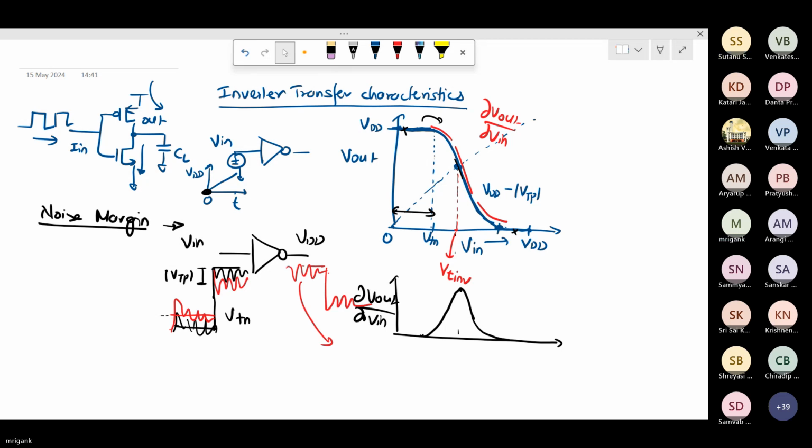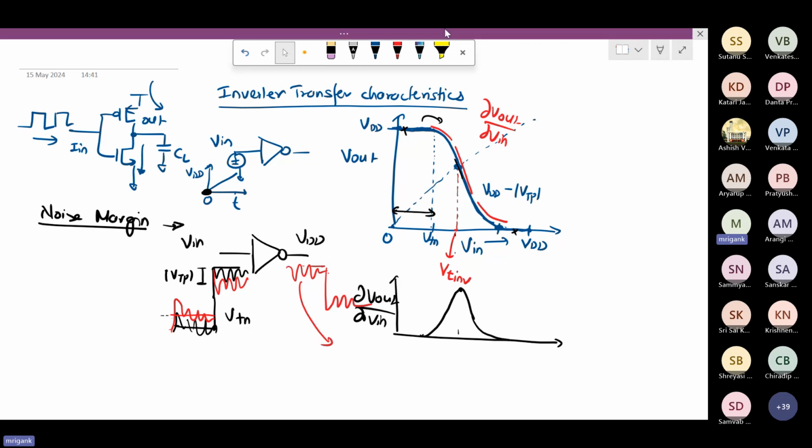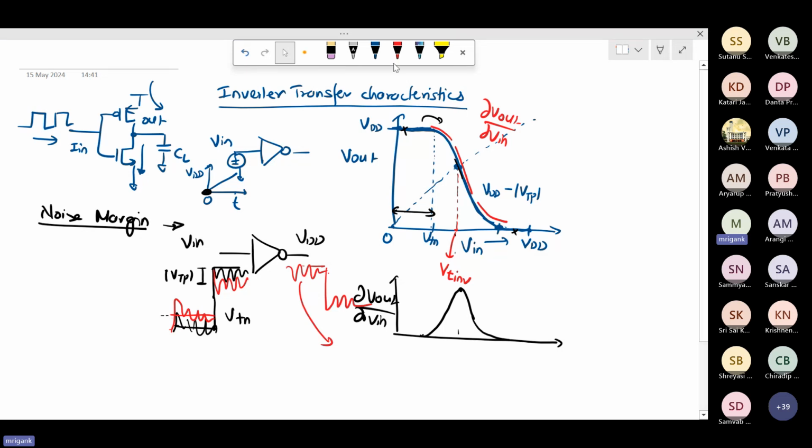Yes, sir. So 45 nanometer, for example, the supply voltage that you can use is 1 volt or at max say 1.2 volt. Supply voltage is technology dependent that we will discuss when we look at the scaling concept. So if you look at the 45 nanometer technology, assume that the VDD is say 1.2 volt.